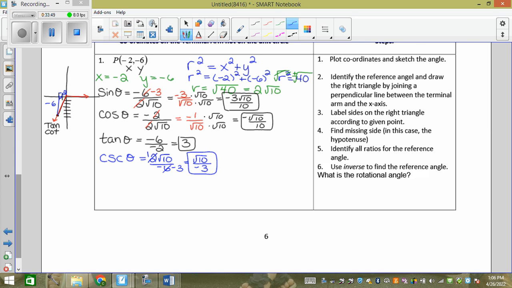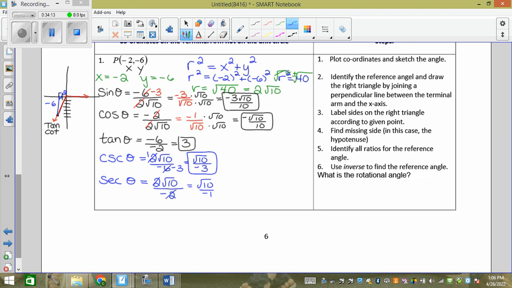Secant goes with cos. So if cos is x over r, this is going to be r over x. So we're going to get 2 root 10 over x, which is negative 2. Now you could leave this as root 10 over negative 1, but they won't give that as an answer.